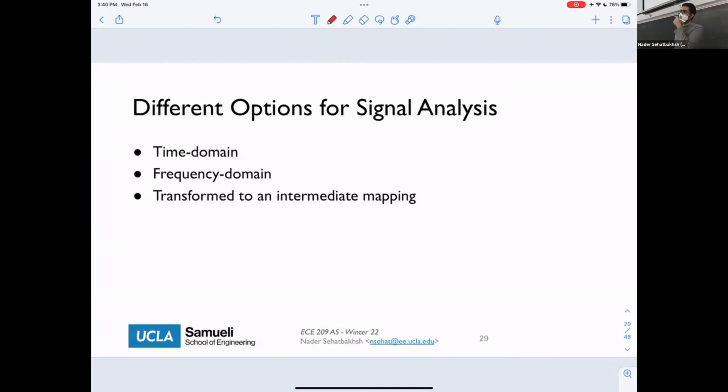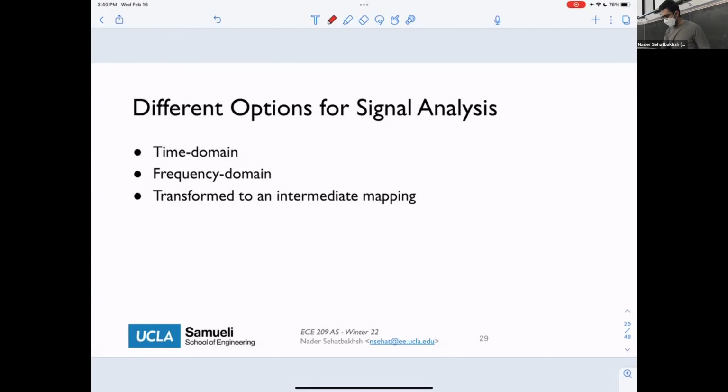Instead of looking at the IQ samples, we take the FFT and look at either the PSD or spectrogram, or generally the FFT bins and coefficients of the system. You can also be more creative and transform it to some intermediate mapping and then do the tests there. So there are many different options for doing the analysis and recording the signatures.